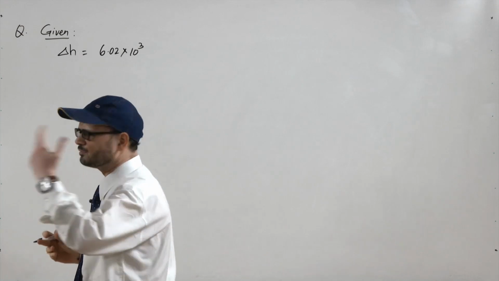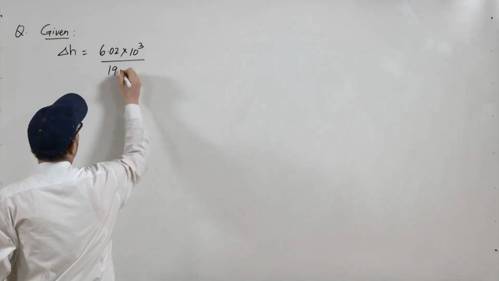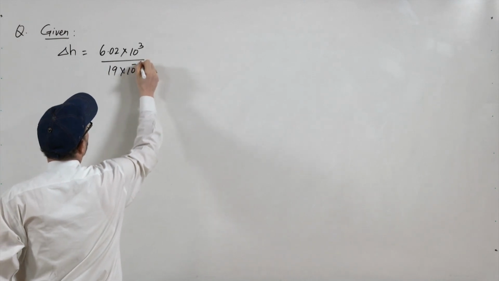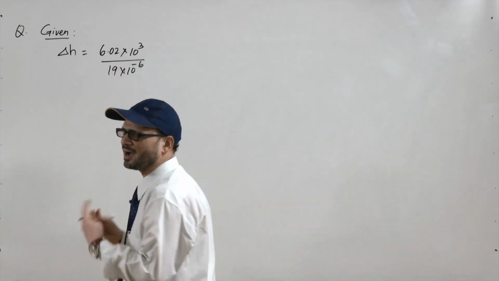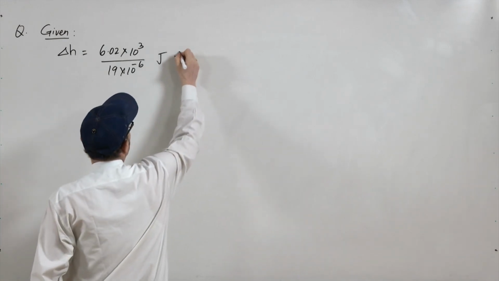However, per mole has the volume of 19 centimeter cube, so it will be divided by 19 into 10 to the power minus 6. Then it will come in the unit joule per meter cube.